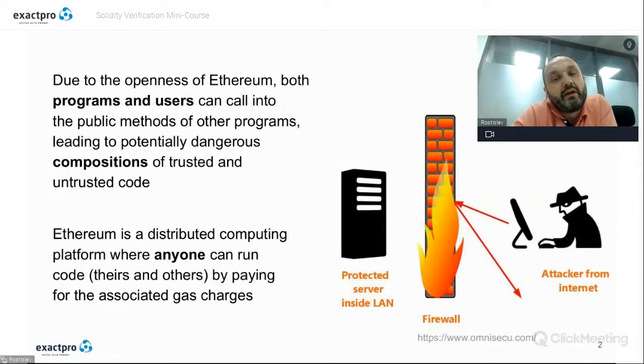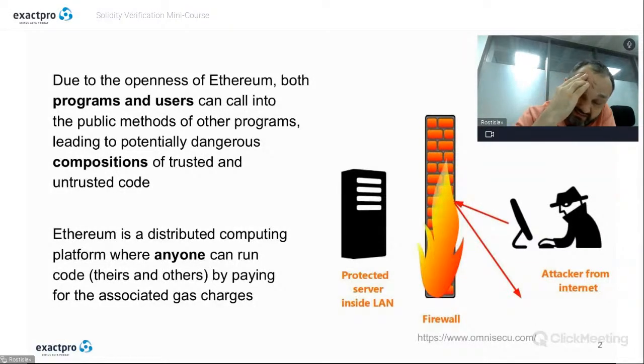So not everyone can access your protected area, but this is not the case for Ethereum. Because, as written on the left, due to the openness of Ethereum, both programs and users can call into the public methods of other programs. This is one problem: everyone can access and call your code.